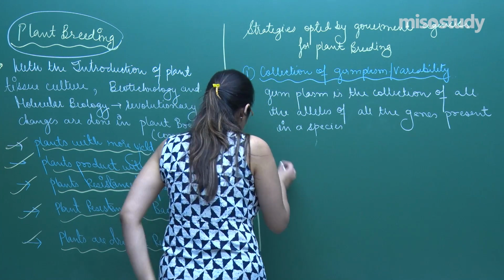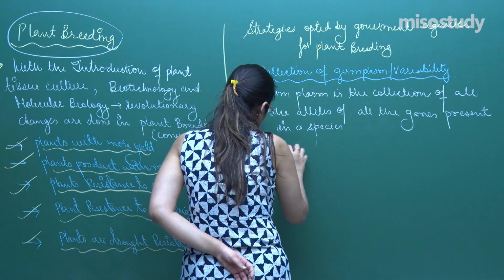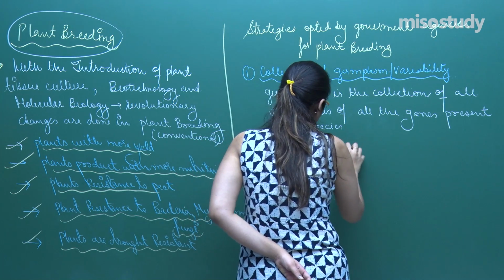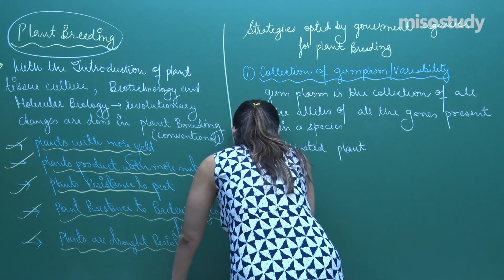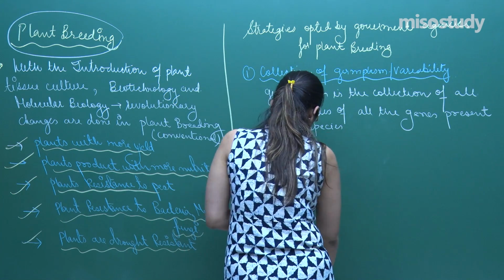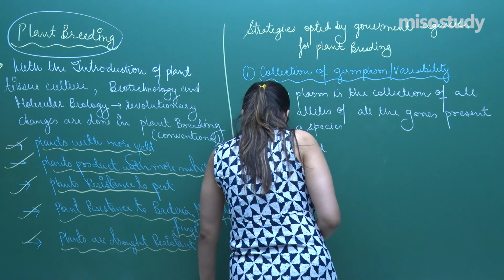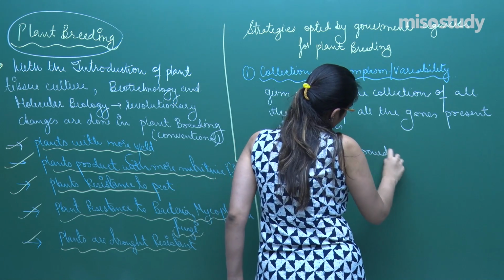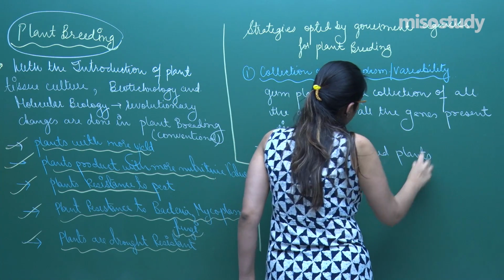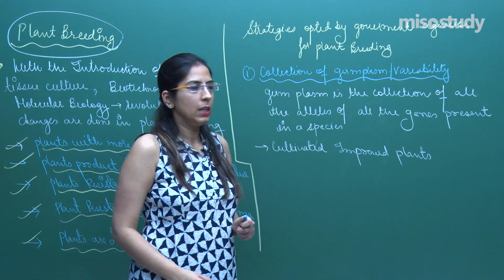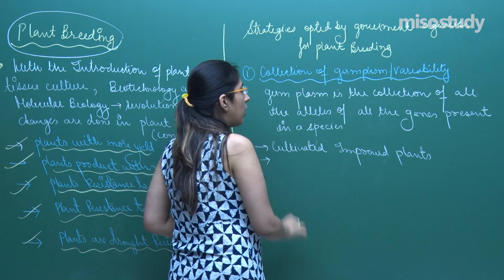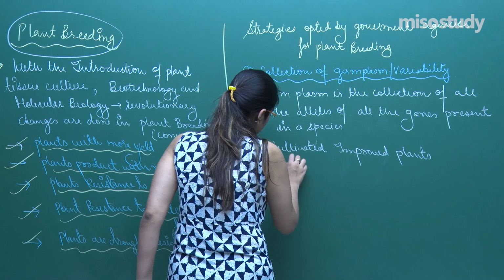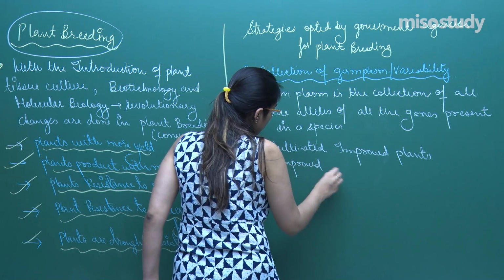The first will be the cultivated plant, moreover I would rather say cultivated improved plant. So I am using those plants which are being cultivated. Next, I'll take those plants which are improved but are not cultivated. So these are the total germplasm.